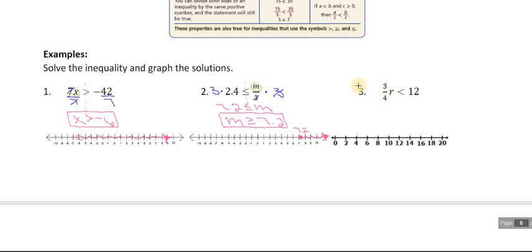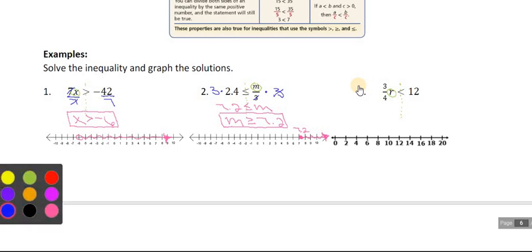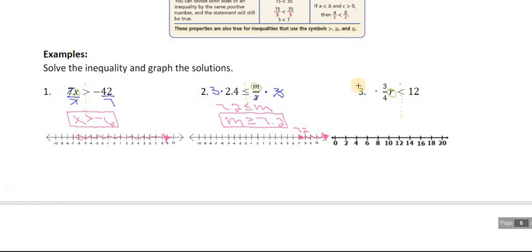Now, some of us go about this in different ways. In a perfect world, you'd say, oh, well, we need to multiply by the reciprocal, because technically 3/4 is being multiplied by r, so we would divide both sides by 3/4, which means we're multiplying by 4/3. Now, if you show that you're simply dividing both sides by 3/4 and do that in your calculator, that's technically getting the job done.